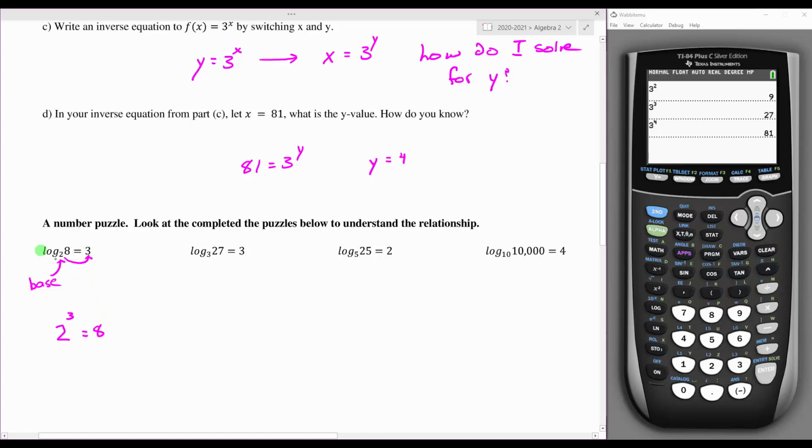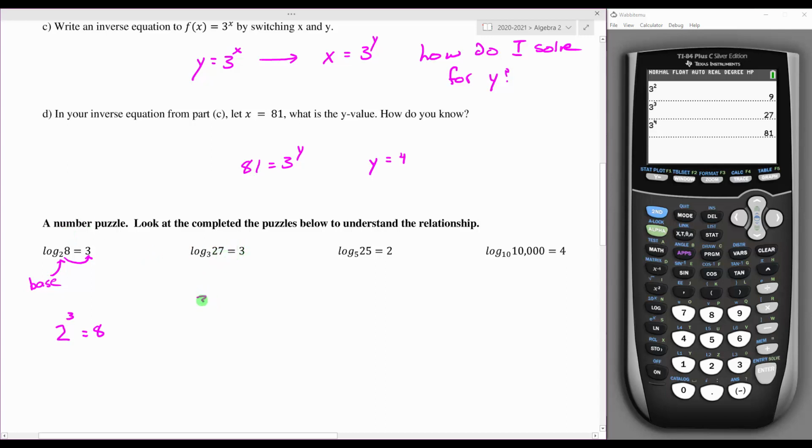Okay, so really this is just a fancy way of writing this. Right, this is an expression that we're used to. This is one that we're not used to, but they are equivalent in their meaning. Okay, so 2 to the third equals 8 is the same thing as saying log base 2 of 8 equals 3.